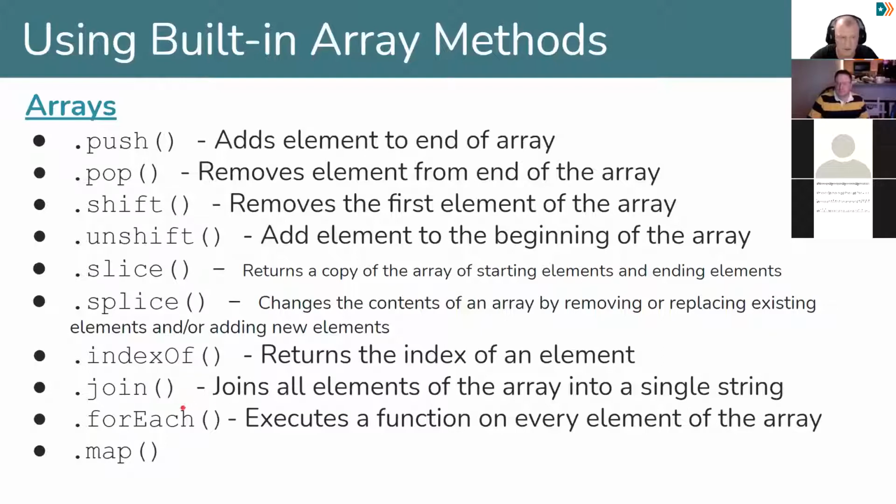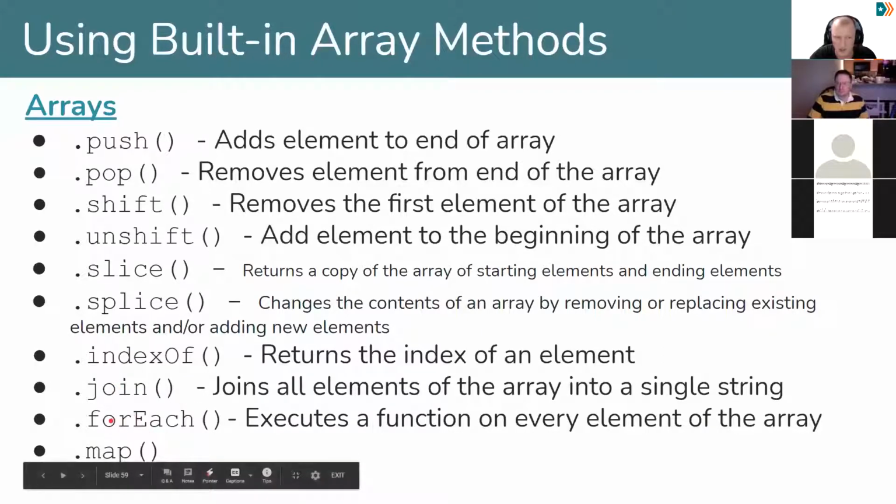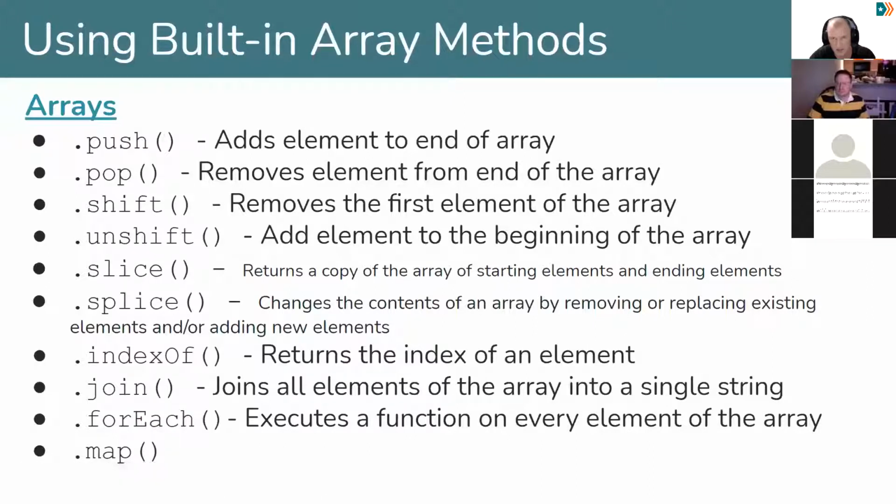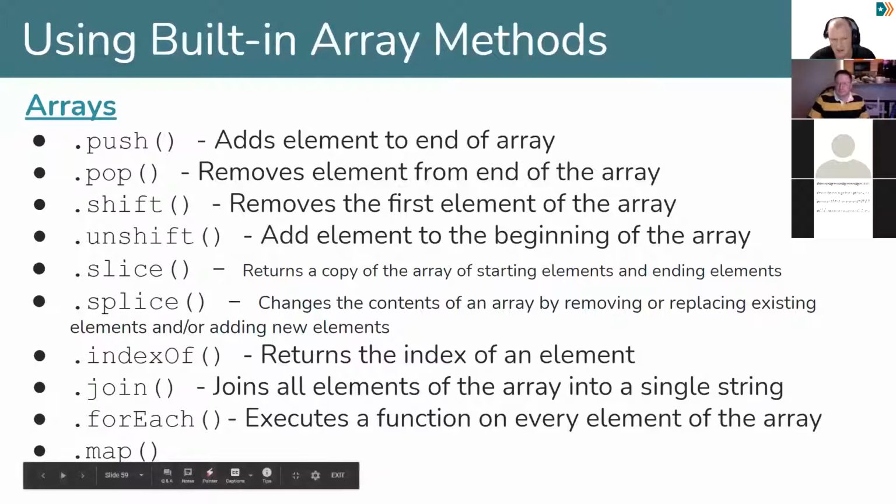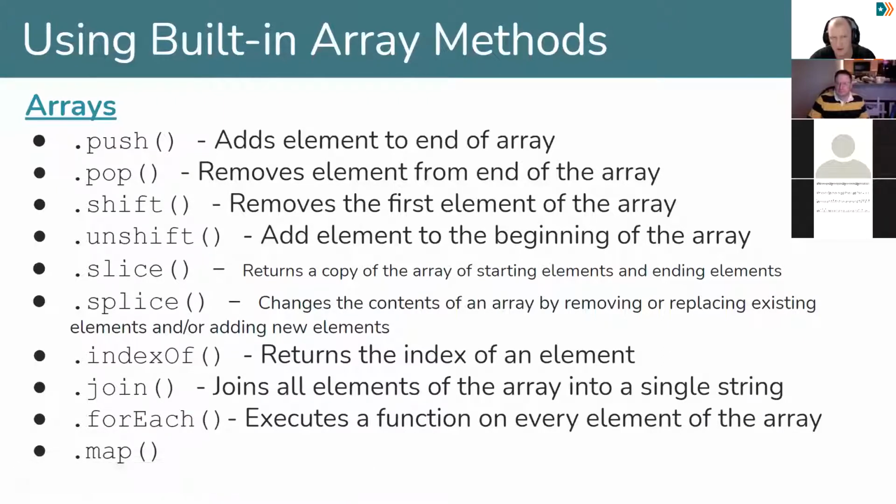It's really useful. For each, this is a built-in method, we can actually ask the array to perform a loop on itself. We have to pass it a function of what we want it to do, kind of like a loop block.